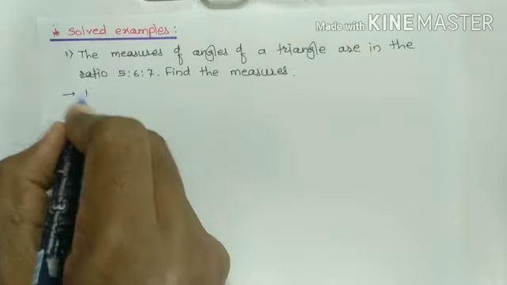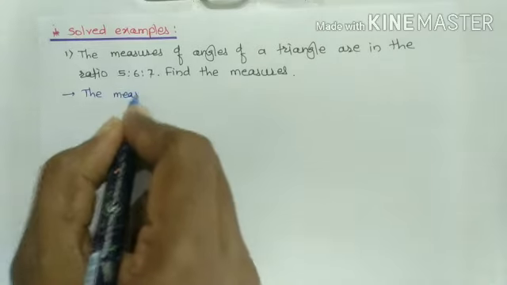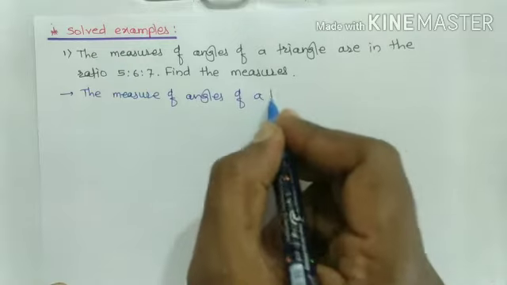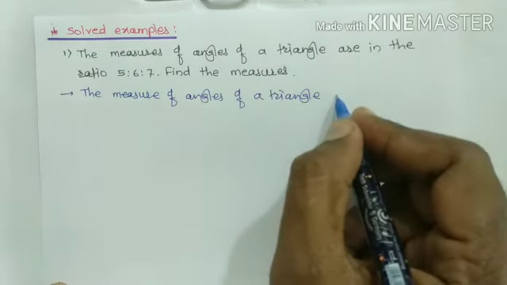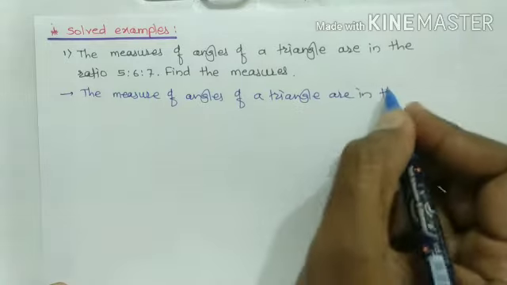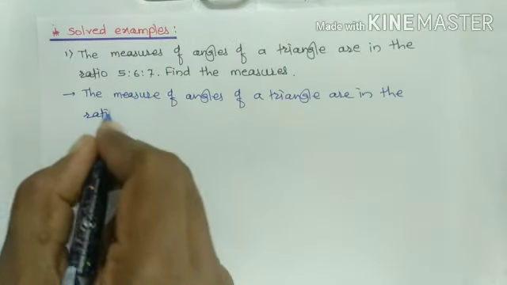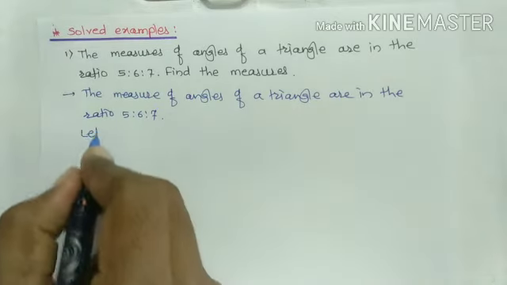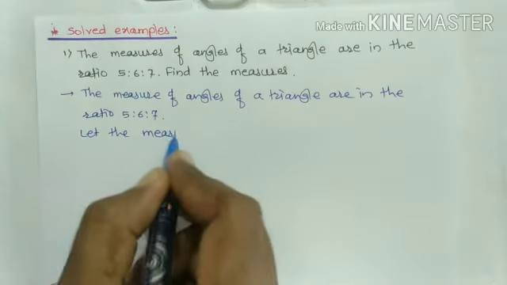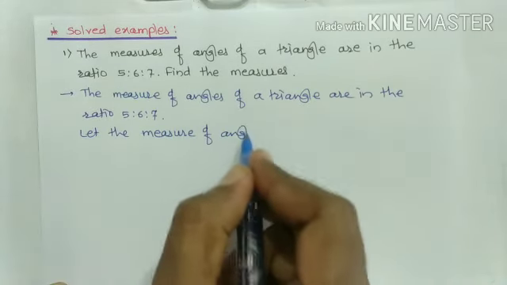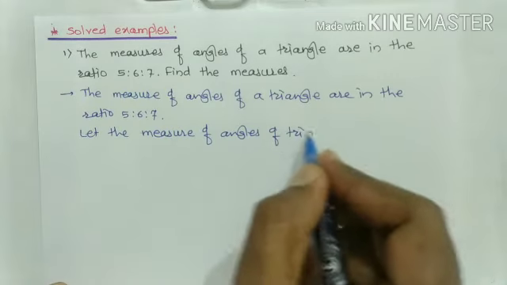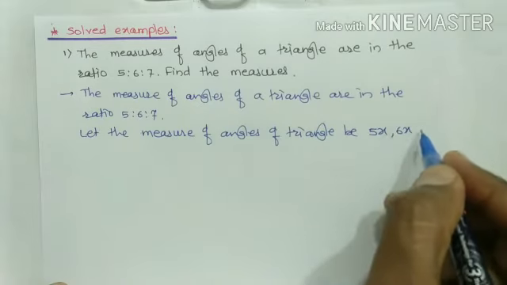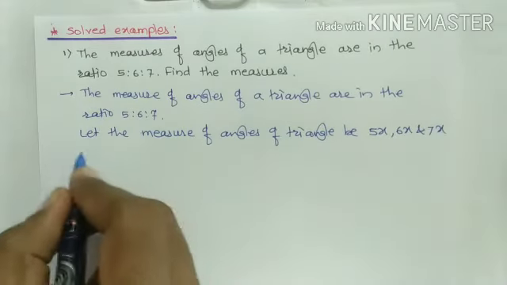See, the given is the measures of angles of a triangle are in the ratio 5:6:7. Let the measures of angles of the triangle be 5x, 6x and 7x respectively.